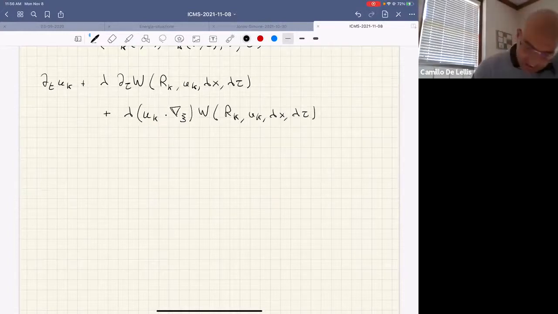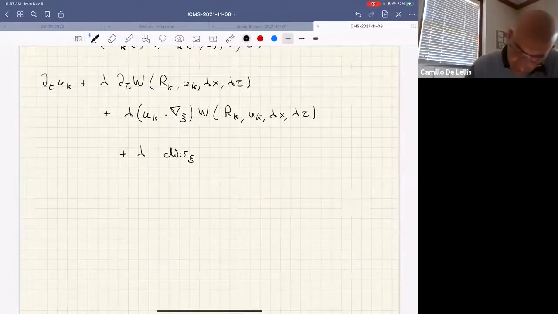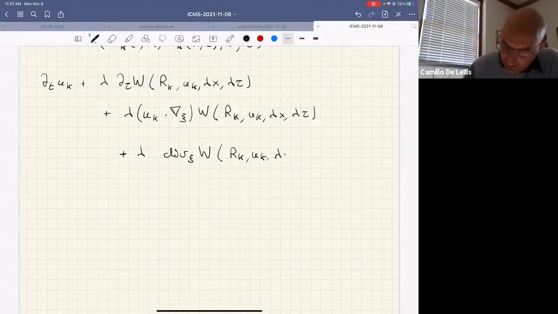And then there's going to be again a lambda term in which I have the divergence psi of big W, and this one is also computed in RK UK lambda X lambda tau tensor.